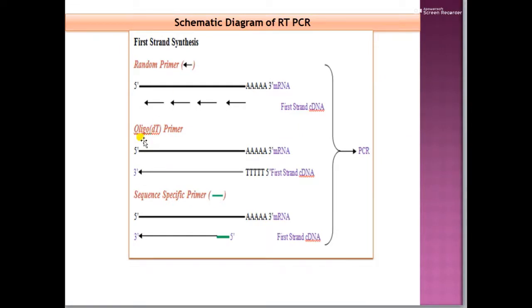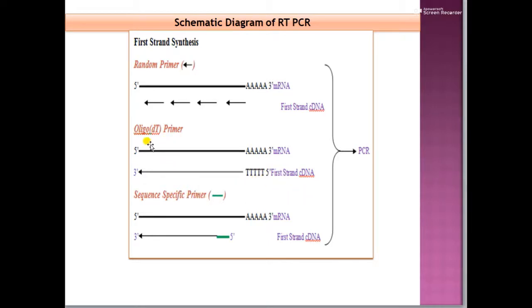This is the schematic representation. You are using the first strand synthesis, you have the mRNA. From the mRNA you are synthesizing the cDNA, and the dT primer is being used here. So in mRNA you always already have a poly A tail, so the primer will be the poly-dT primer here. Specific to this A, the poly T will go and bind and synthesis will be carried out.